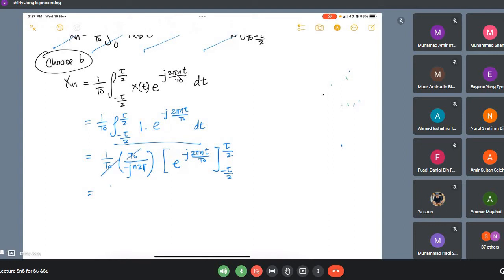So you just left negative j n 2 pi, and then my exponent minus j 2 pi minus n 2 pi over t naught. The t you substitute with tau over 2. Okay, and this one you substitute with minus tau over 2.